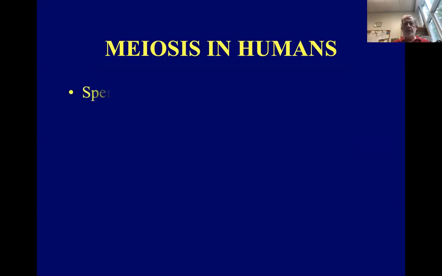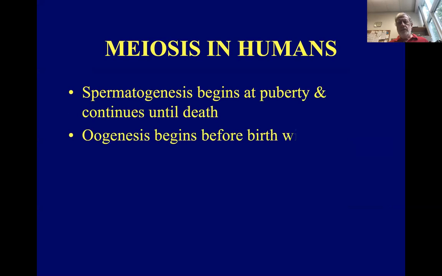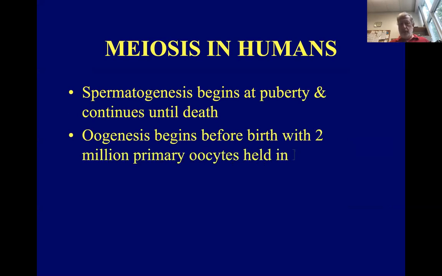Now, in our species, of course, in males, spermatogenesis is the formation of sperm that includes meiosis, but it's not limited to meiosis. It begins at puberty for boys and continues until we die. In women, gametogenesis is called oogenesis, and interestingly, it begins before birth, where about 2 million primary oocytes are held in meiosis 1.